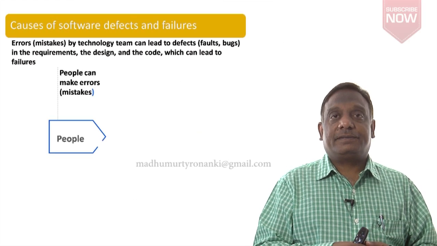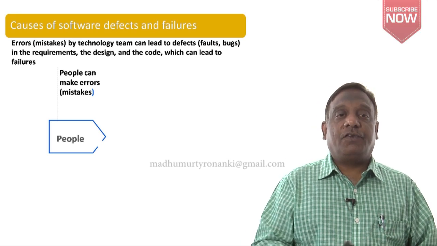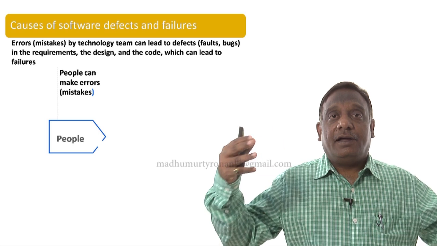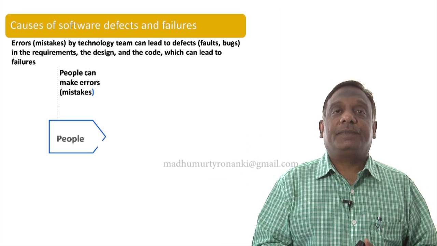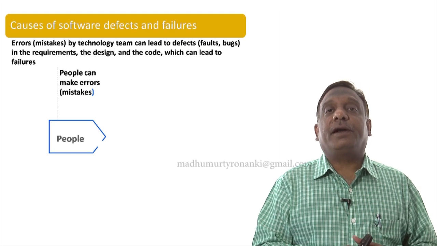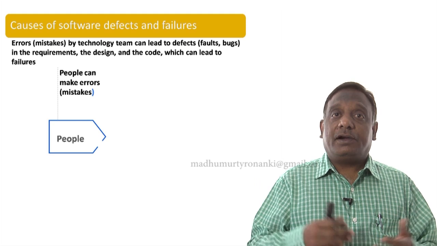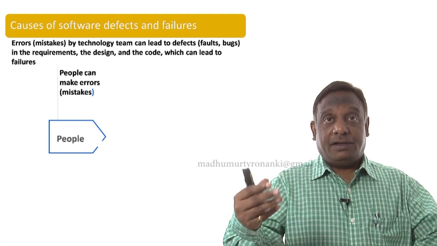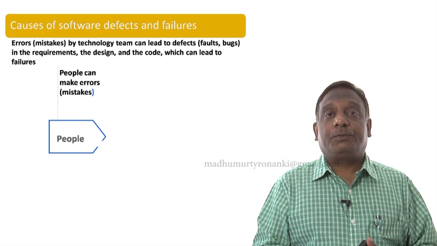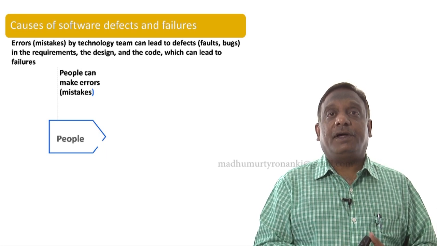As I told you, a lot of times we use terms like errors, faults, bugs, defects, failures. These are all a variety of terminology that we encounter as we participate in testing projects. But very often, a lot of test engineers, even test engineers with a lot of experience, get confused with these terminologies.